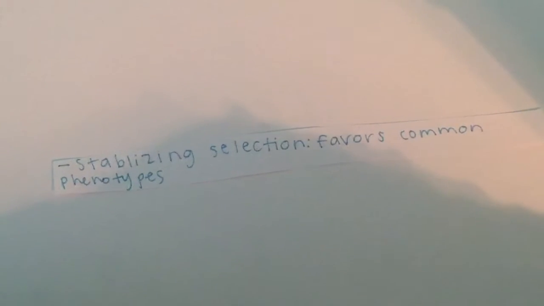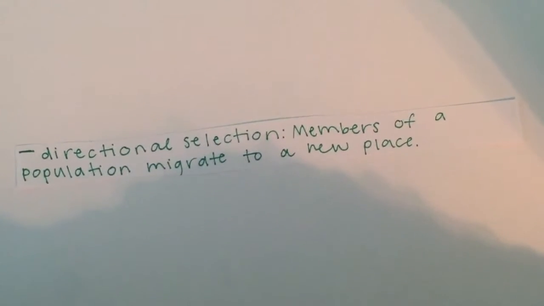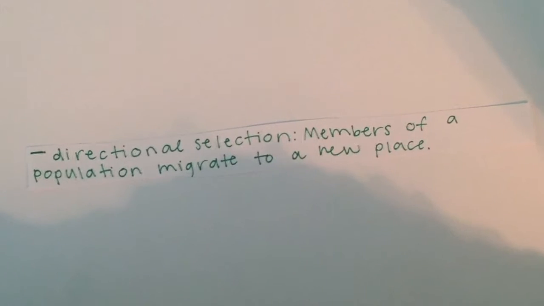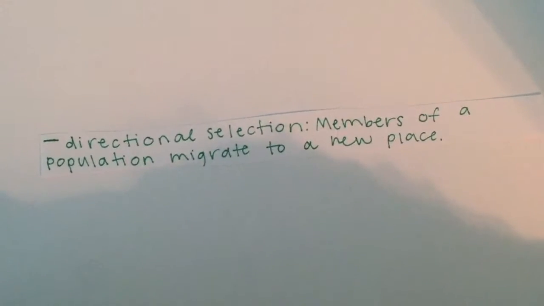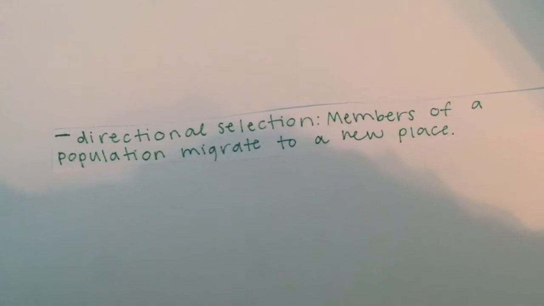Now there are 3 types of selection we will be making art for. The first one is stabilizing selection, and this favors common phenotypes in the selection. The next is directional selection, where members of the population migrate to a new place or all migrate to one area.